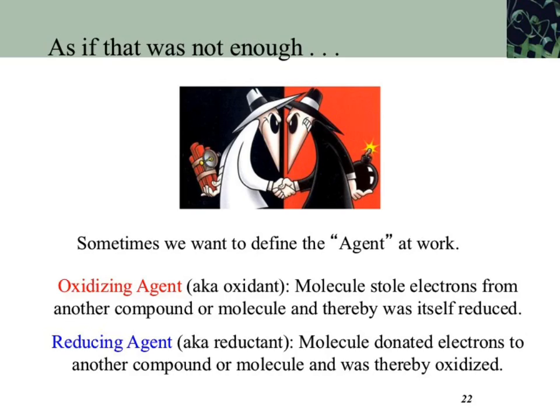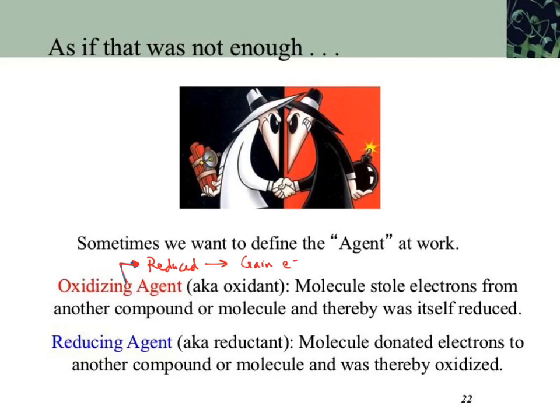So instead of seeing oxidizing agent and going, okay, now I've got to think about what this means, be like, okay, well, the oxidizing agent was the one that was reduced. Reduced meant gain of electrons.